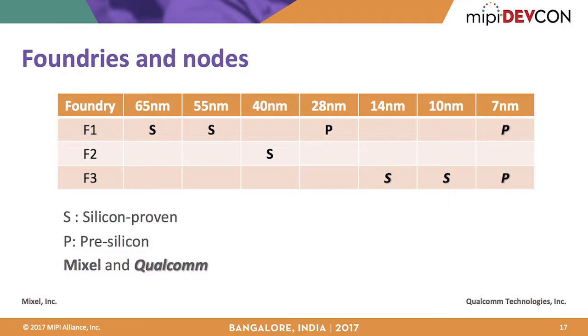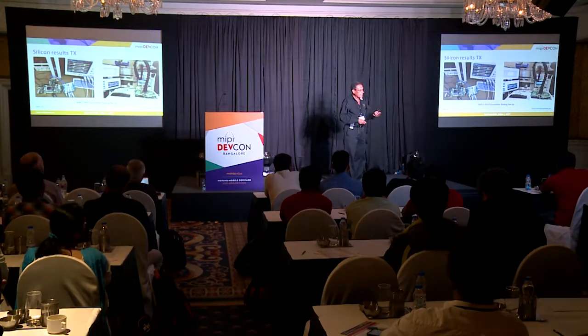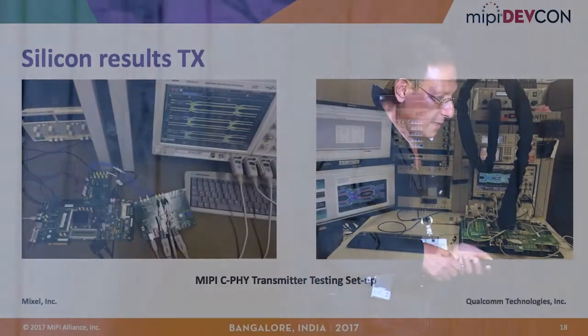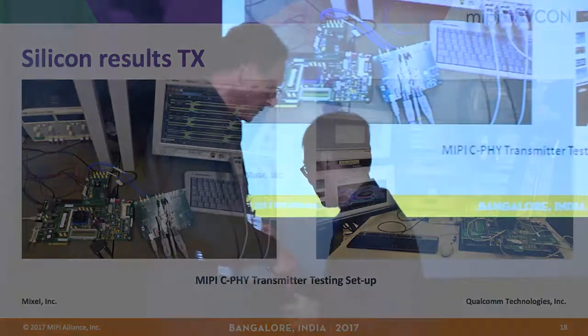Some of those are Mixel IP, and some of them are Qualcomm. The key here shows what has been silicon proven and what has been taped out, and we haven't seen pre-silicon, basically. Okay, and with that, I'd like to turn it over to CK, and he will walk us through the silicon results from both companies and also other companies.